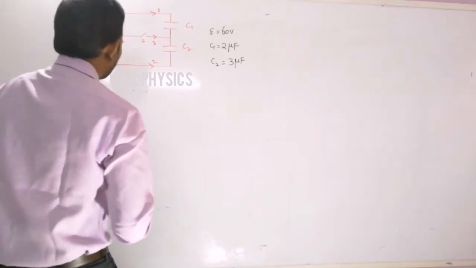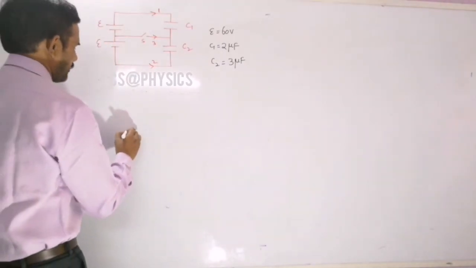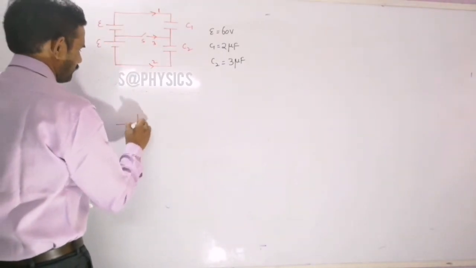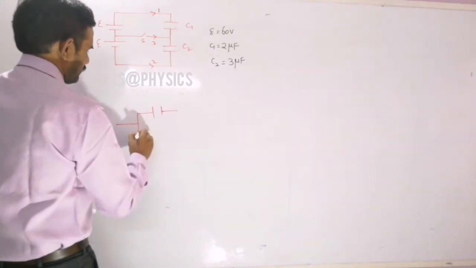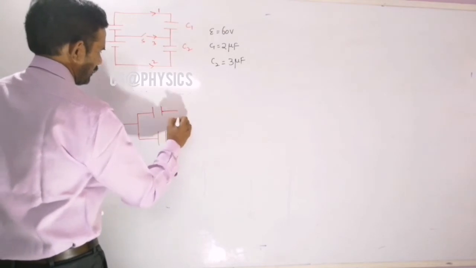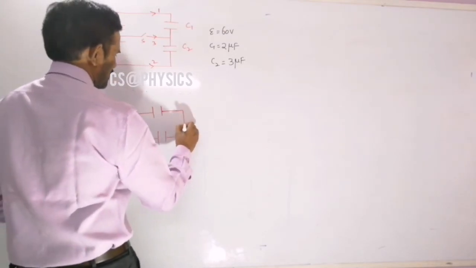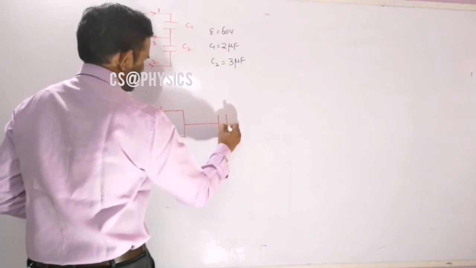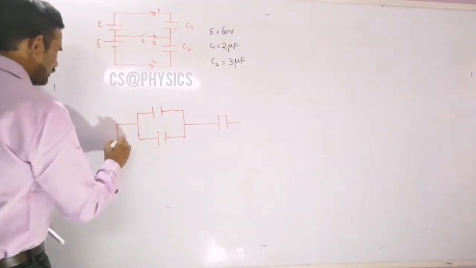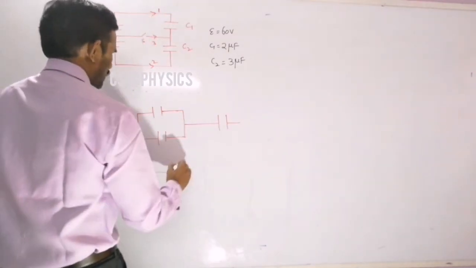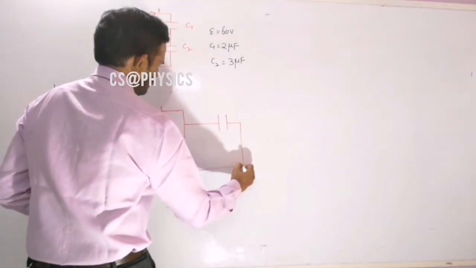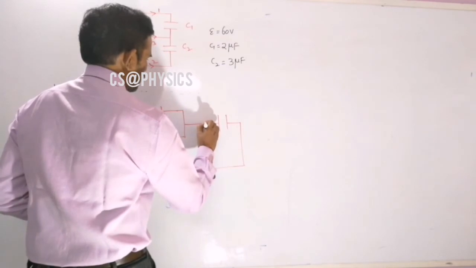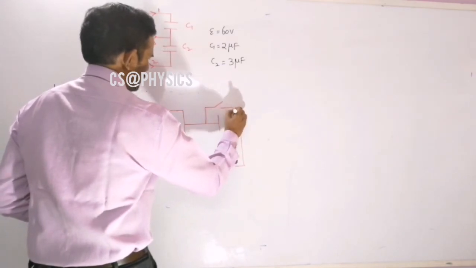So now let us write that problem. Two capacitors are in parallel and one capacitor is in series here. And now here a cell is connected like this. And now here a switch is connected across this capacitor like this.